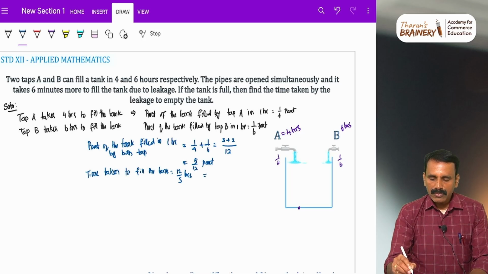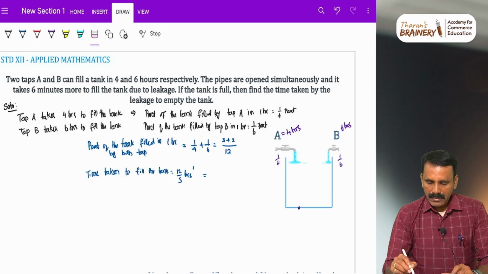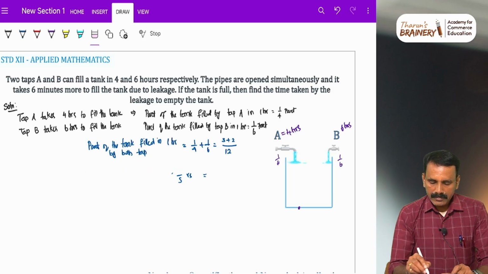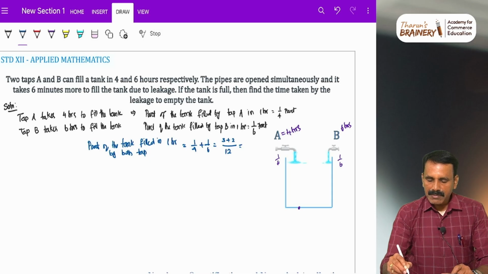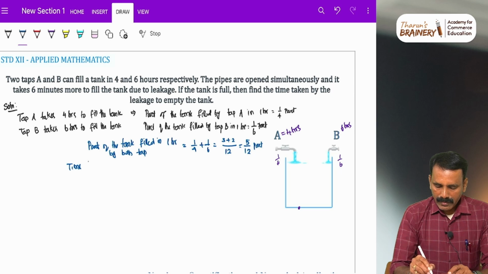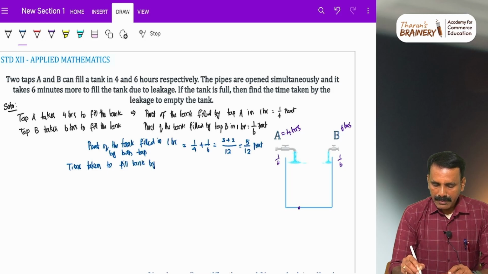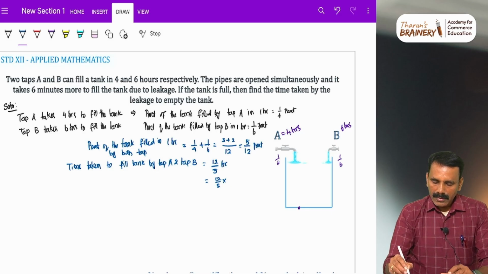So, we are trying to convert this to minutes. So, time taken to fill the tank by tap A and tap B will be equal to 12 by 5 hours, which is equal to 12 by 5 into 60 minutes.